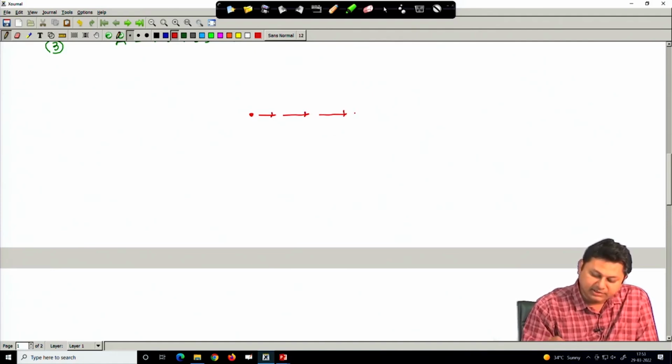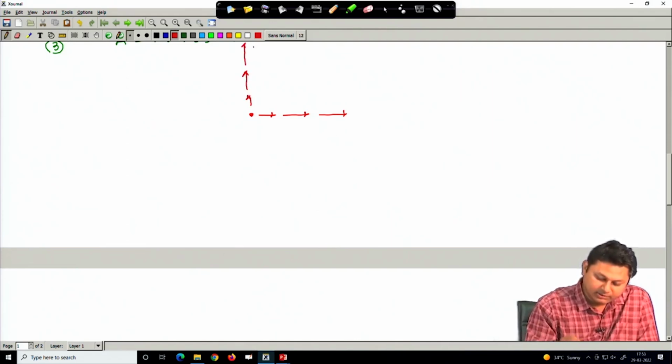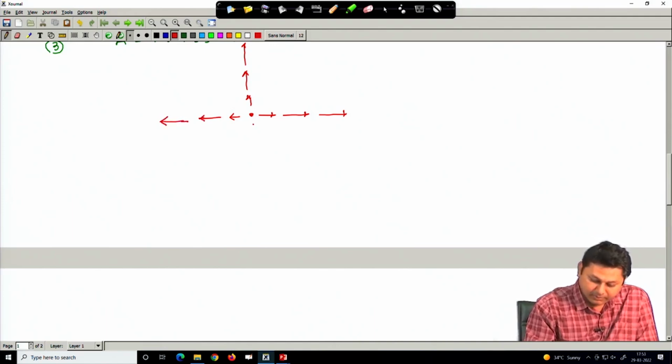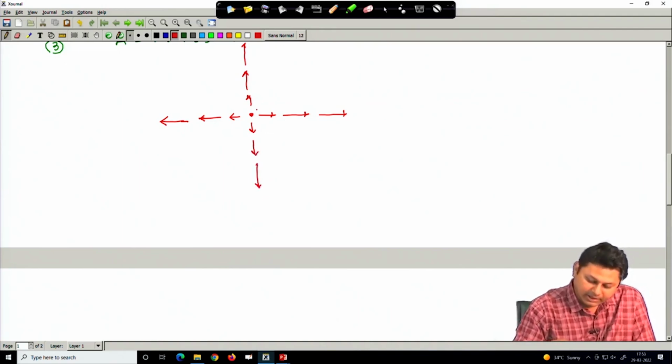Along the x direction it is increasing, along the y direction also these lines are going to increase, minus x also it is increasing, minus y it is also increasing, along this direction it is also increasing, because this is 3 dimensional and I can have all the directions.